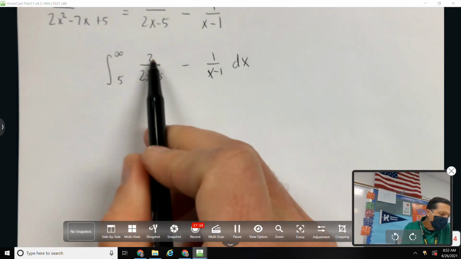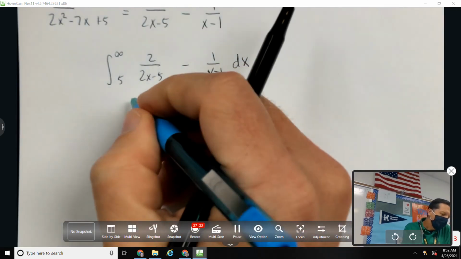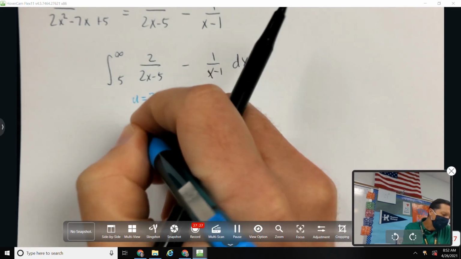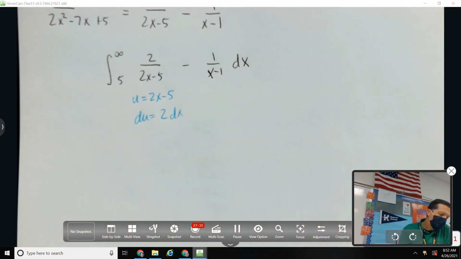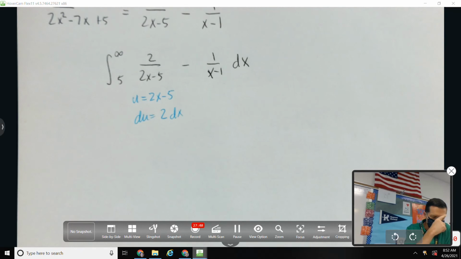What's the integral of 2 over 2x minus 5? You can do u substitution if you like, but you might recognize what it is. It's du over u. In fact, no adjustments are necessary because they put a 2 up there for us.